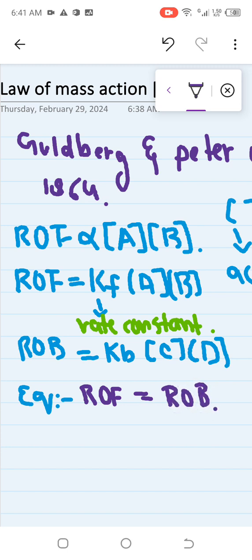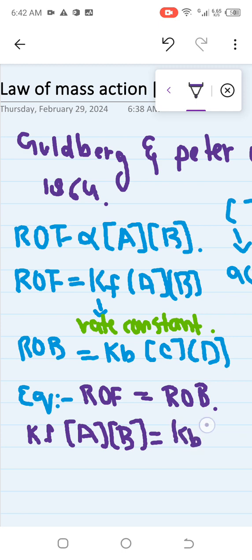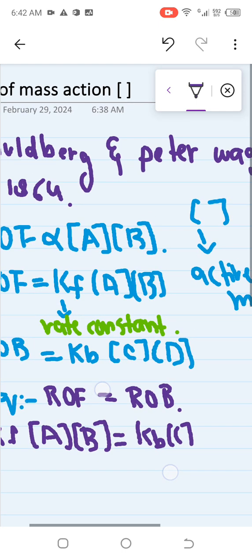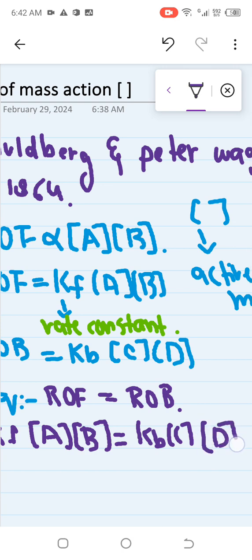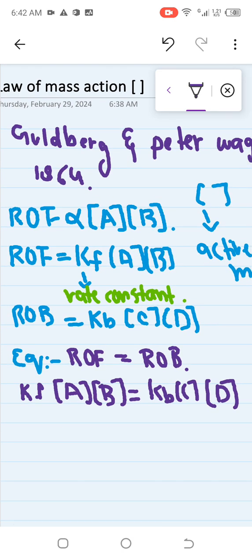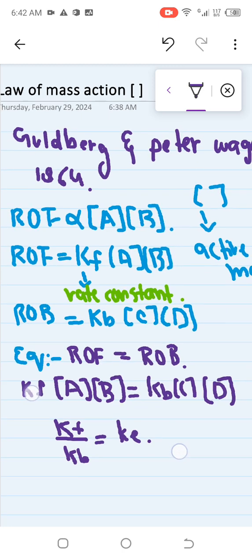So the rate of forward reaction is denoted by Kf with concentration A and B, while the rate of backward reaction is denoted by Kb with concentration C and D. Kf and Kb, these both are equal to what? Ke, the equilibrium constant.